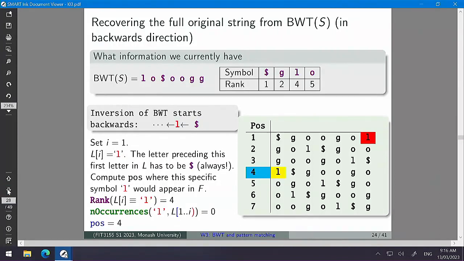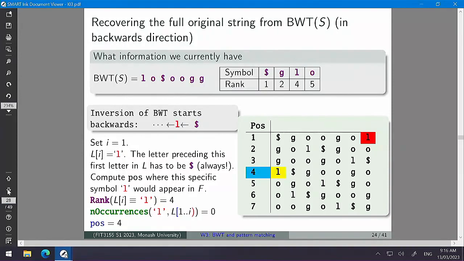I'm sorry, I must say the rank was 4. I got carried away looking at students. I'll say that again. The rank of L was 4. If you look at the table, I was not looking at the table, I was looking at you guys. So the rank of L is 4. The number of times I've seen an L before 1, which is nothing, is 0.